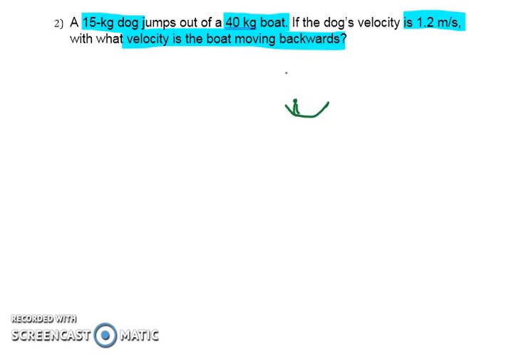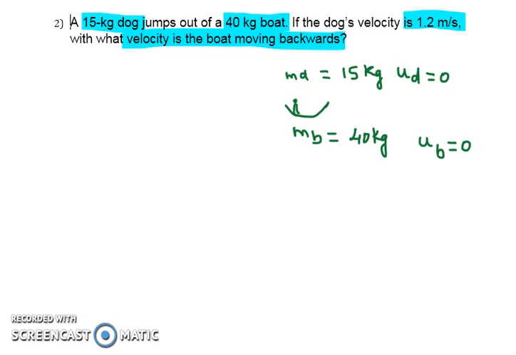The mass of the dog, MD, is 15 kg. The mass of the boat, MB, is 40 kg. The boat is at rest, so the initial velocity of the dog, UD, is 0 and the initial velocity of the boat, UB, is 0.